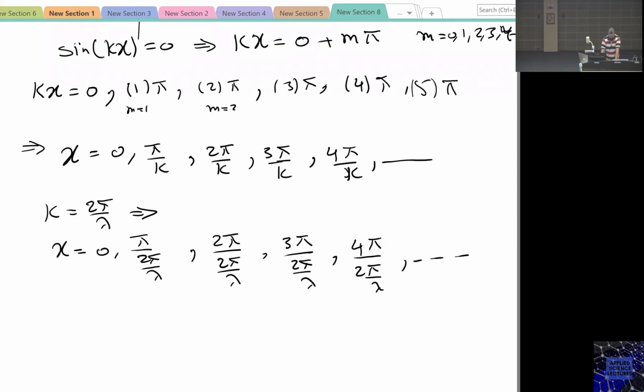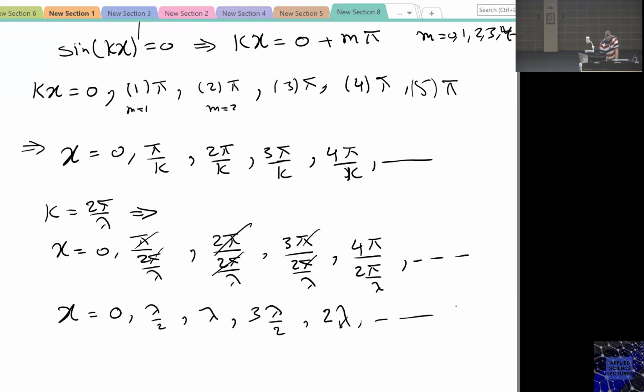Now, if I cancel the pi with pi, I will get x equals 0, lambda over 2, lambda, 3 lambda over 2, 4 lambda over 2, which is 2 lambda, and so on.